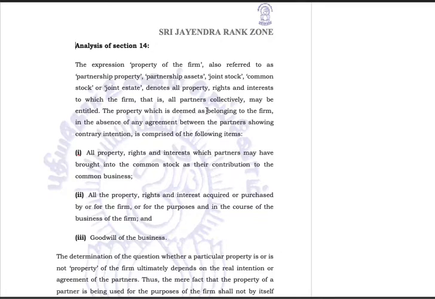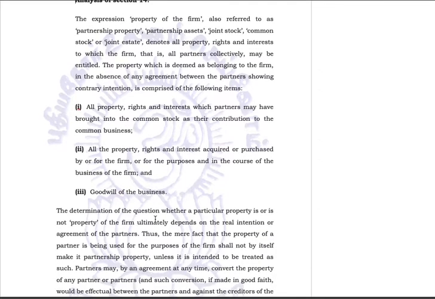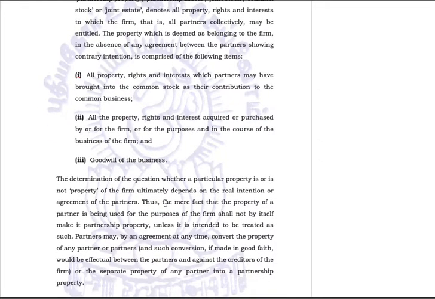The property deemed as belonging to the firm in the absence of any agreement between the partners showing contrary intention comprises the following items. All property, rights, and interest which partners may have brought into the common stock as their contribution to the common business. All property, rights, and interest acquired or purchased by or for the firm or for the purpose and in the course of the business of the firm. Goodwill of the business.